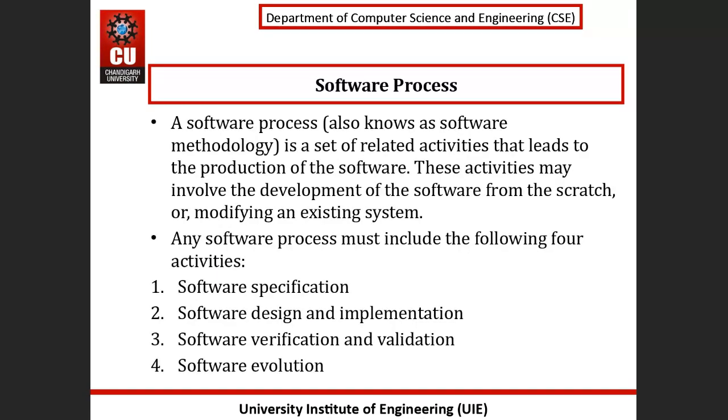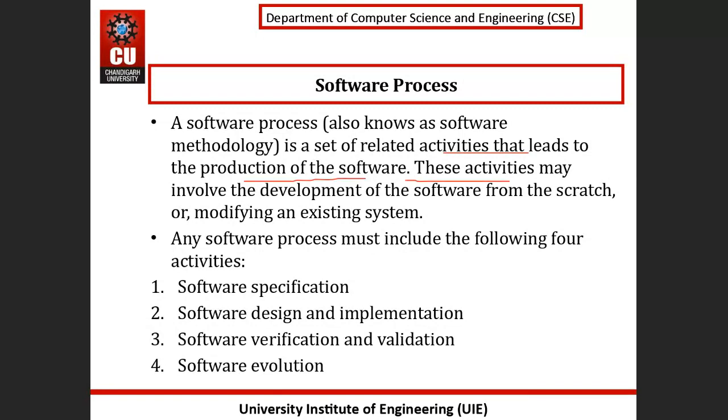So next, software process. As we know, what is process? Any program in execution is called process. Fine. So a software process, also known as software methodology, is a set of related activities that leads to the production of the software.